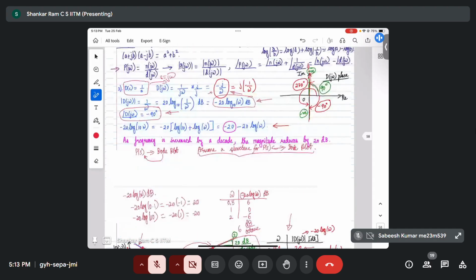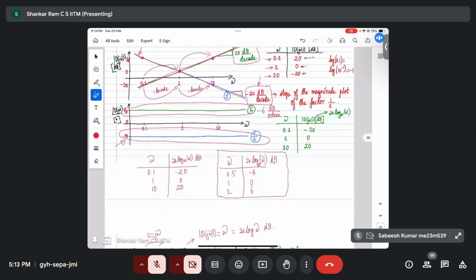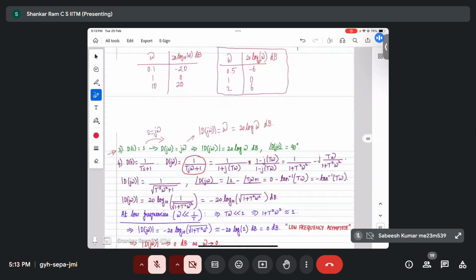One needs to remember this definition, because decade is very natural. A decade means we can subconsciously associate it with the number 10. Octave we typically associate with 8, which is intuitive, but here it's twice. So that is a subtle thing.